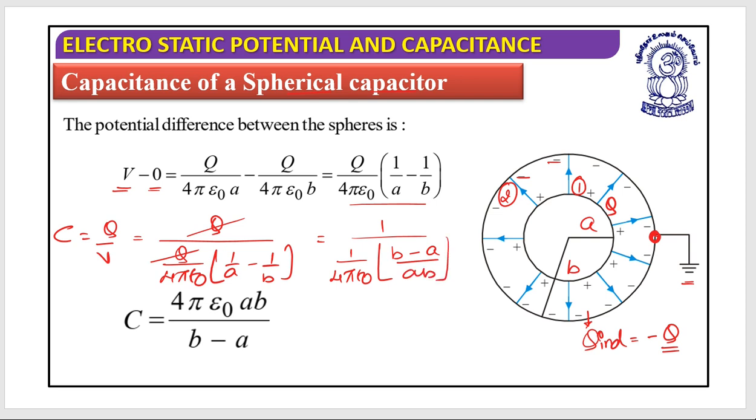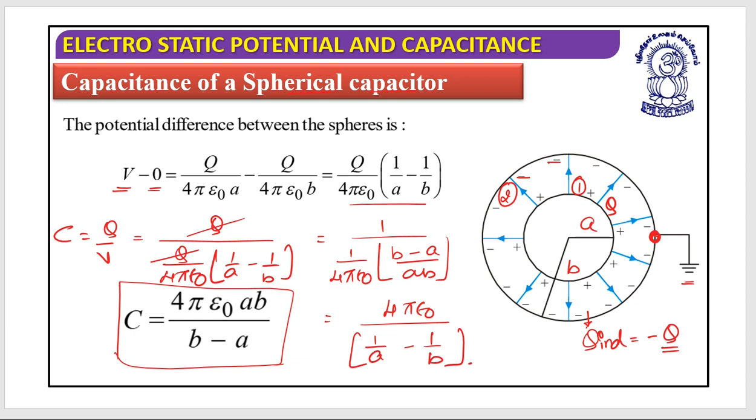Or I can write it like this, 4 pi epsilon naught upon 1 by a minus 1 by b. I hope this is clear. Or rather you can remember this, it's 4 pi epsilon naught ab upon b minus a. So this is 4 pi epsilon naught upon 1 divided by inner radius minus 1 divided by outer radius.